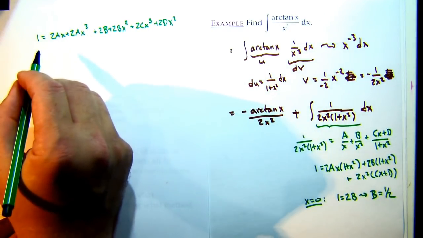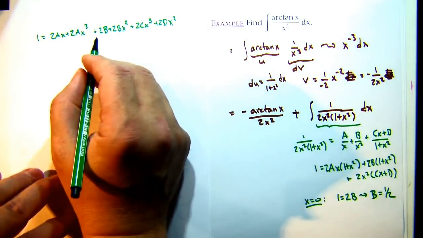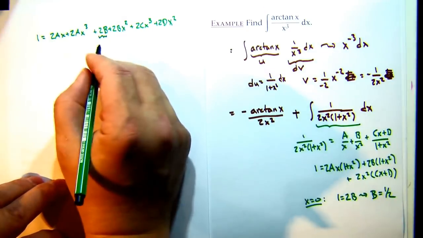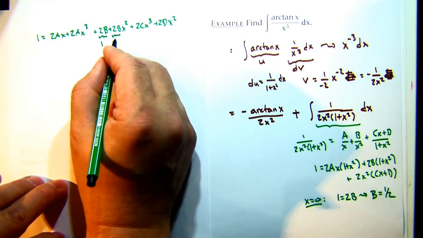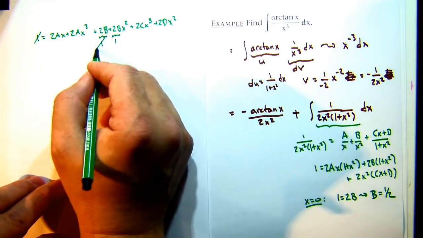Well, we know what 2b is, so 2b is 1. So I'll go ahead and replace this with 1, and notice I have a 1 and a 1. They actually end up canceling each other.